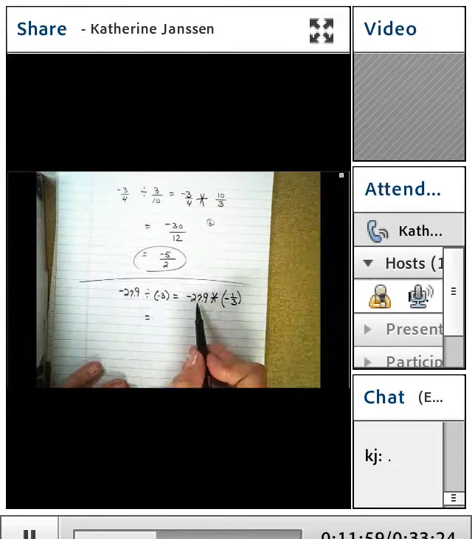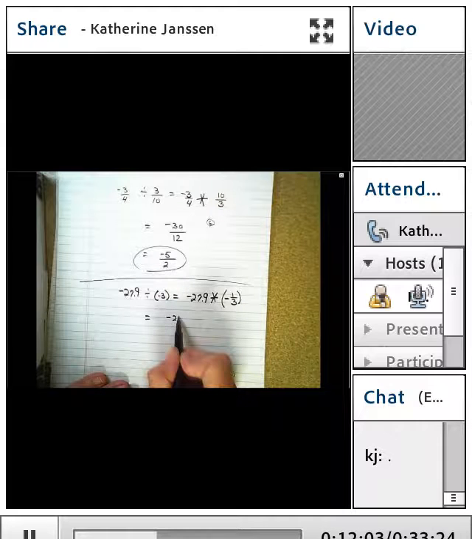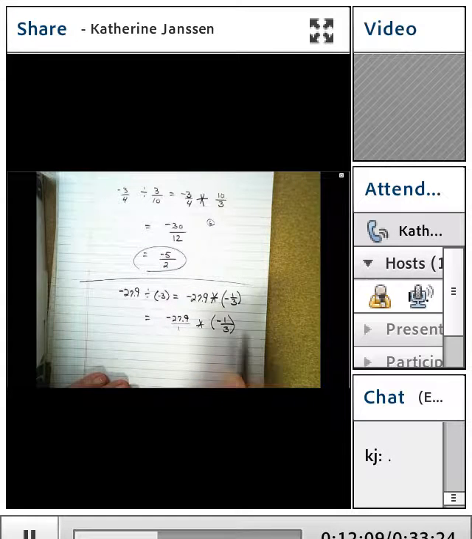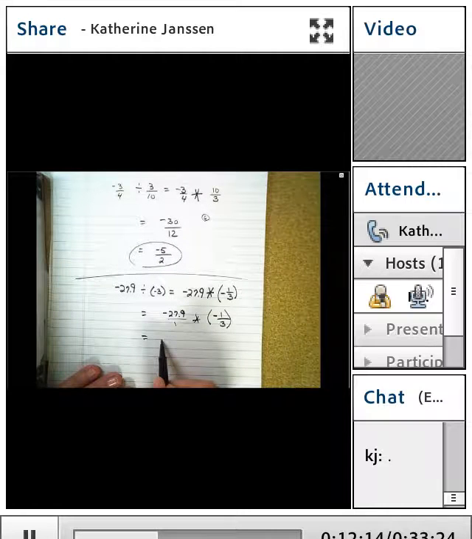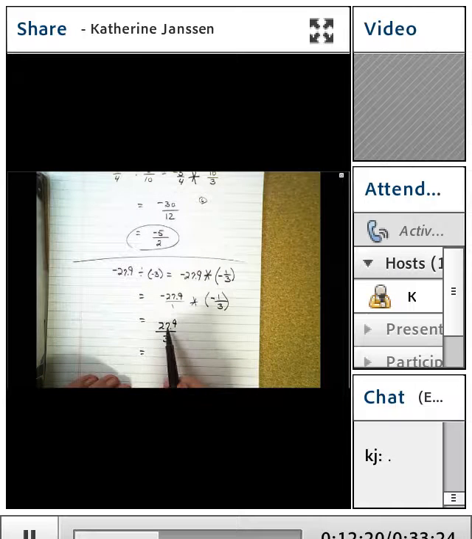I have a negative 27.9 over 1 times negative 1 over 3. Multiplication of fractions is a piece of cake. I'll get positive 27.9 over 1 times 3 is 3. It looks like 3 goes into 27.9 that'd be 9.3 times.